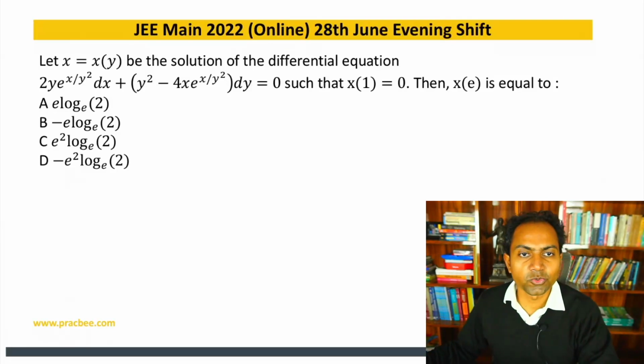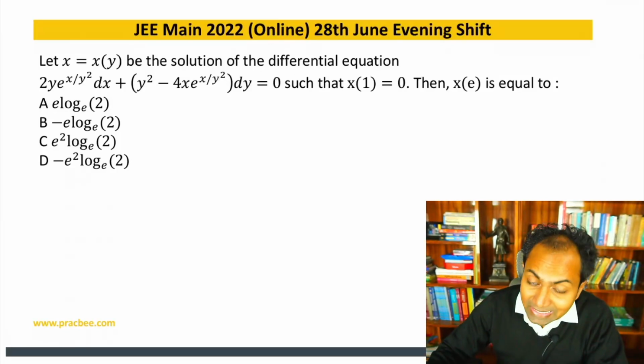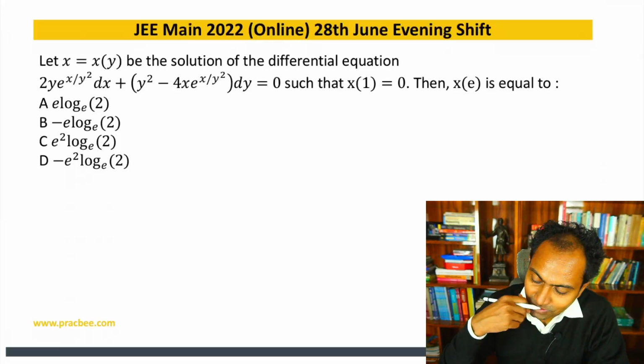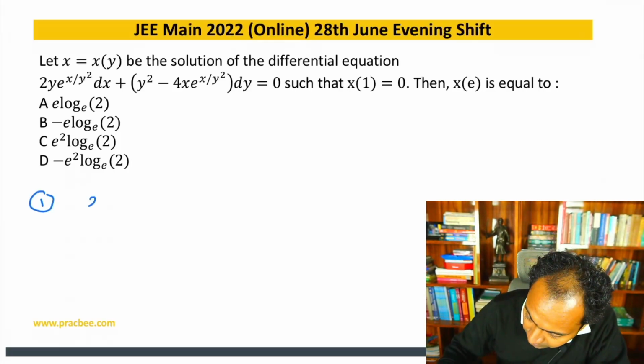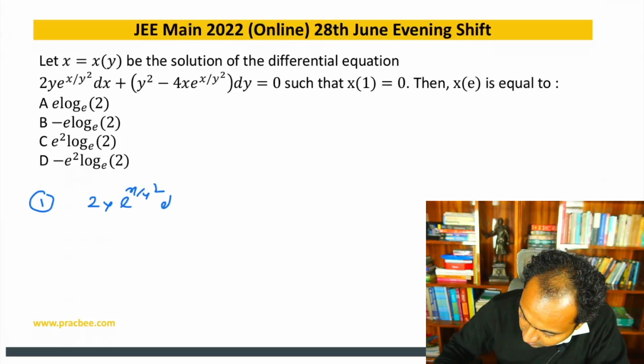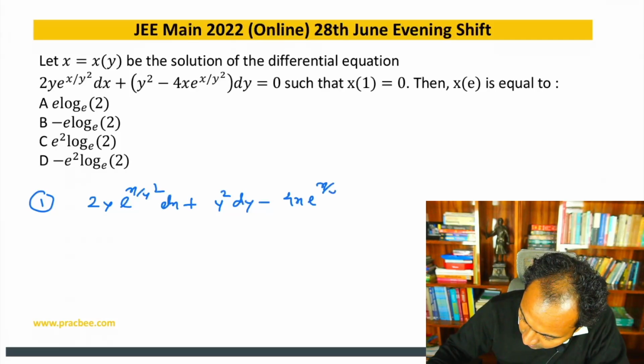If I look into this 2022 question, it is a little bit more cryptic compared to the other question. Now the first step in such a question is, first we'll have to separate the terms. So 2x e raised to the power x by y square dx plus y square dy minus 4x e raised to the power x by y square dy.